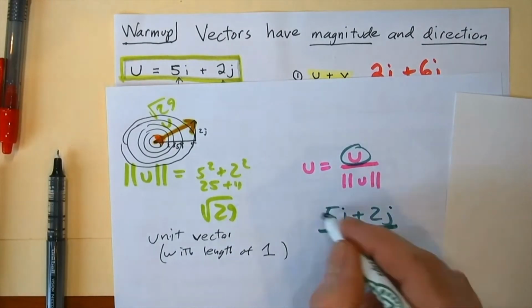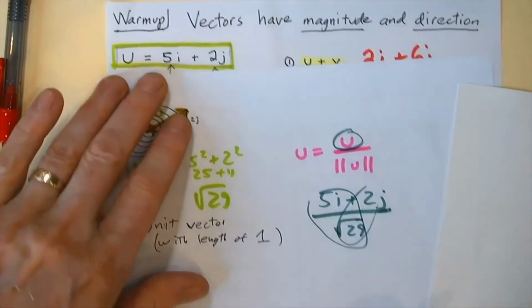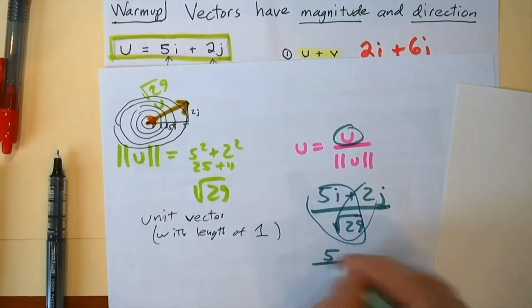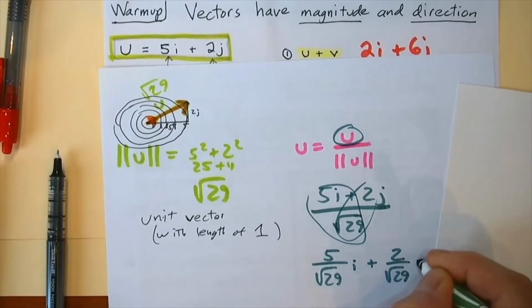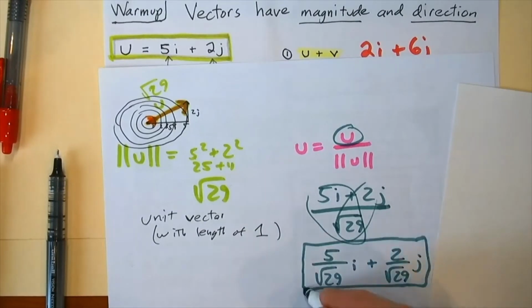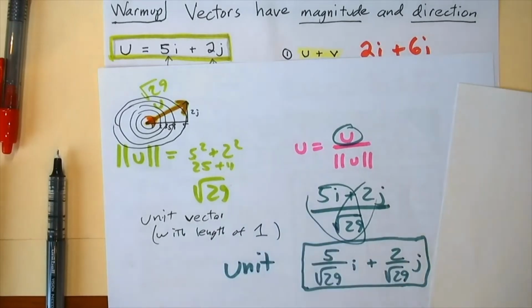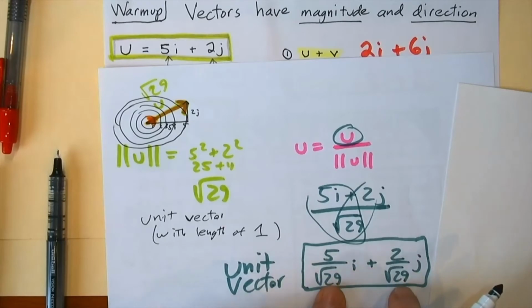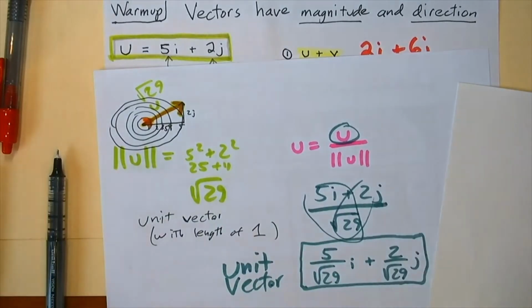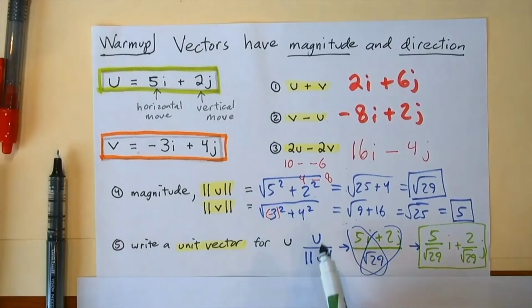You write your final answer as 5 over radical 29 i plus 2 over radical 29 j. This is the unit vector. It's still the same amount, it's just divided that much shorter. So here it is again: take the vector, put it over the magnitude, split it, you're done.